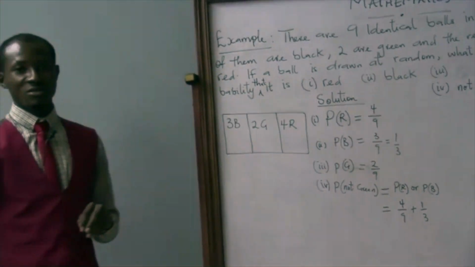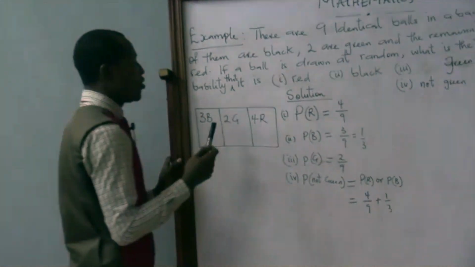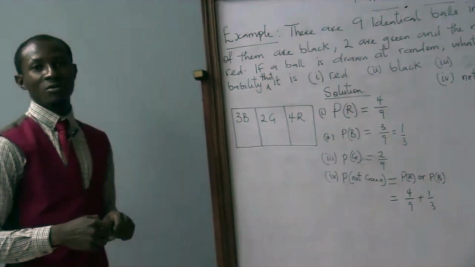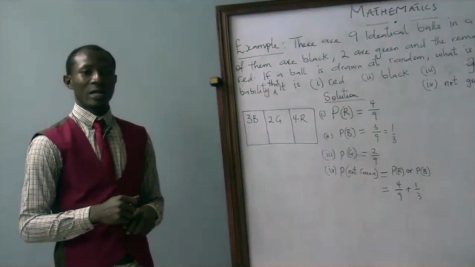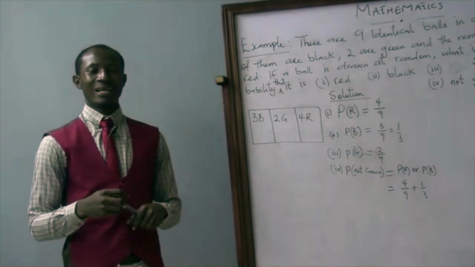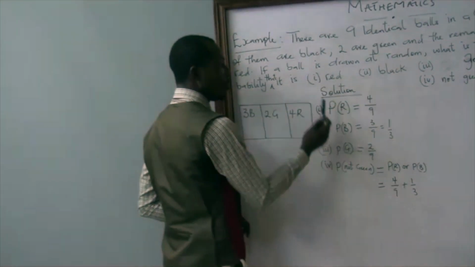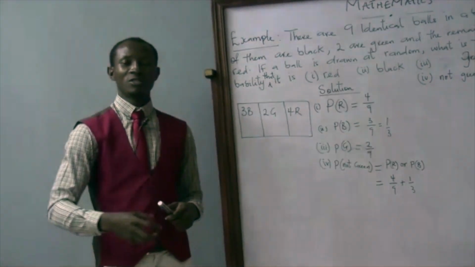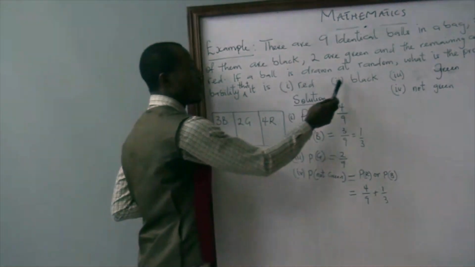Don't forget, if a ball is drawn at random, what is the probability that it is not a green ball? We have to pick just one ball, and if it's not a green ball, then definitely it's either a red ball or a black ball.